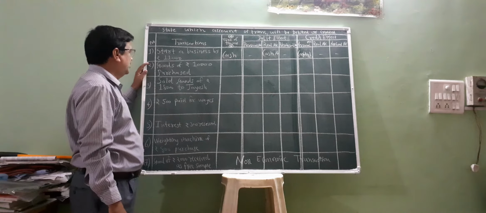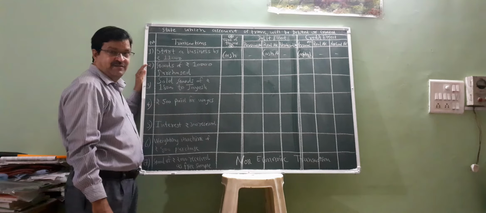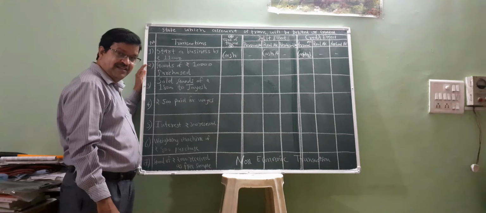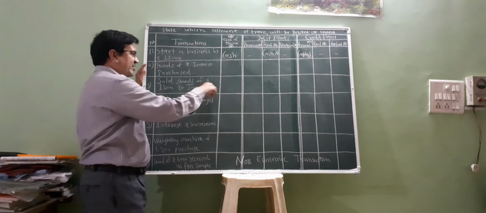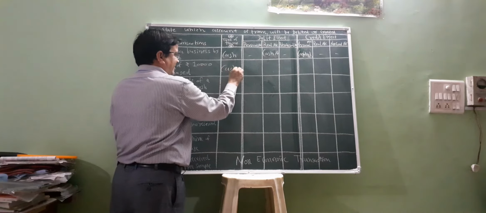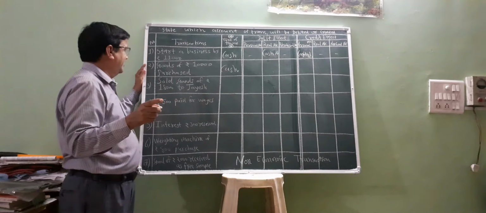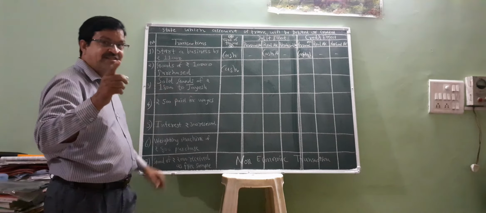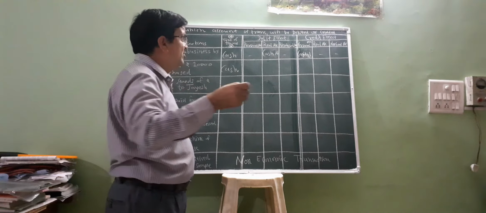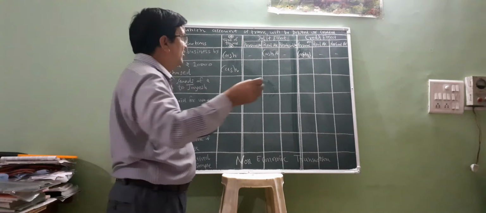Now second, goods of rupees 10,000 purchased. Which type of transaction is it, friends? It is a cash transaction because no person name is given. So cash goes out and goods come in. Credit what goes out: cash is a real account, so cash account credit.